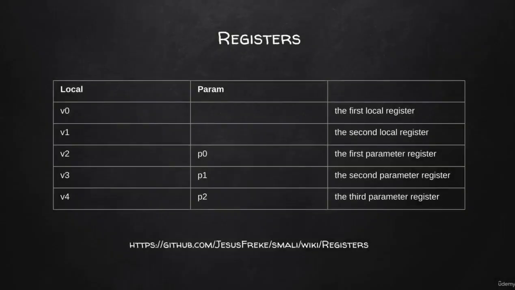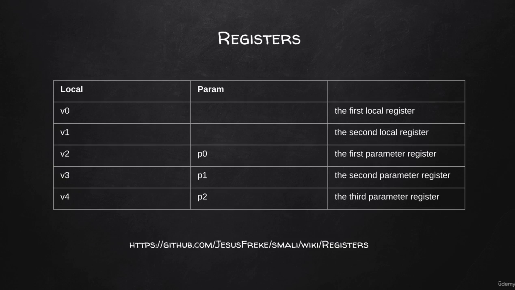So we have registers in Smali. Registers are high-speed memory storing units. It is an element of the computer processor. It can carry any type of information, including a bit sequence or single data.